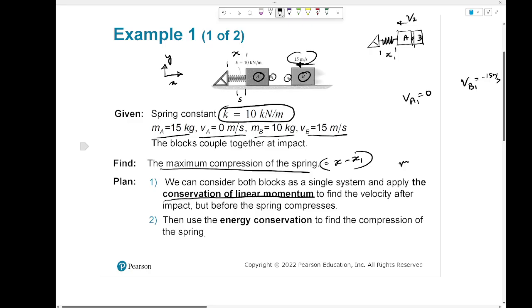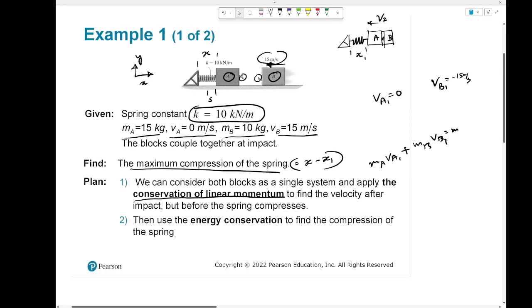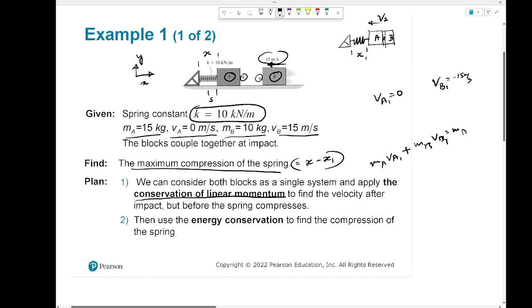I'm going to write it in formal fashion shortly. So step one says, okay, you do that: mA vA1 plus mB vB1 should be equal to the two masses, mA and mB, times this v2. So find the v2, the final velocity, right? And once you have that velocity, what are you going to do with it? That's the second step, energy conservation, to find the compression of the spring.